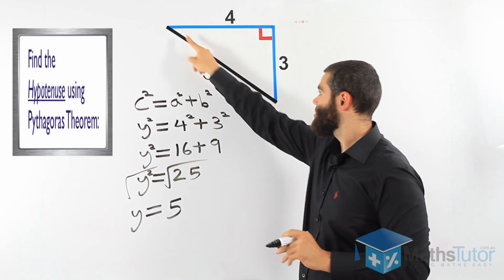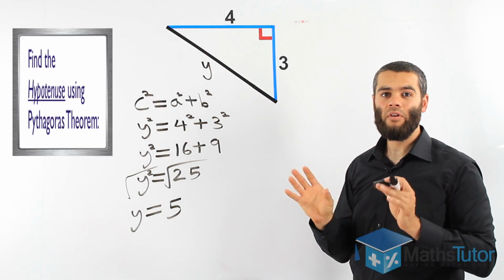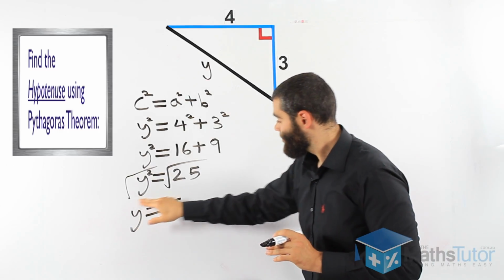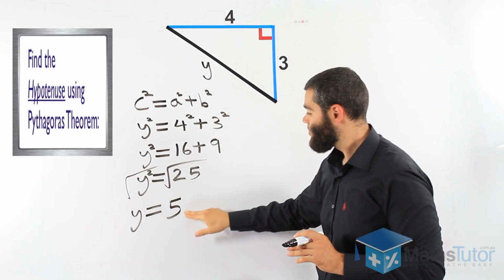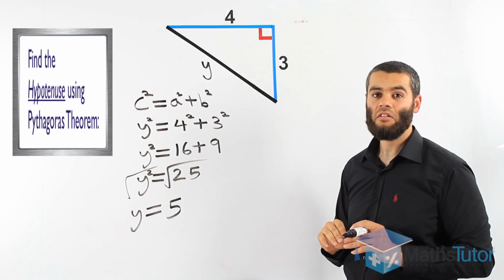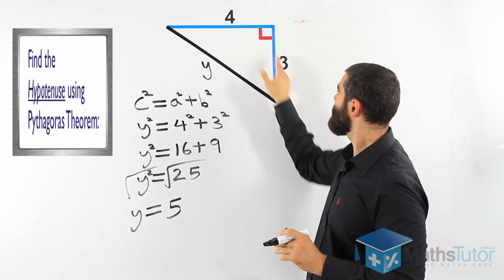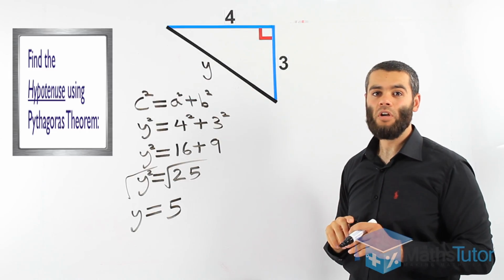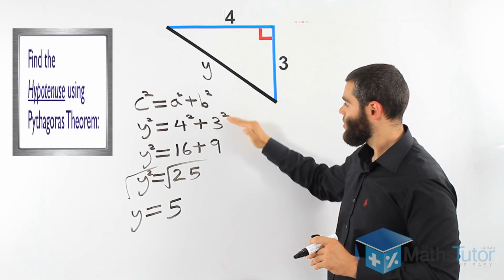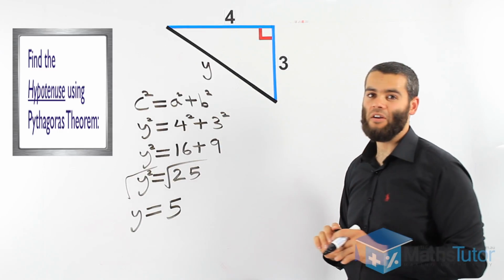The hypotenuse is 5. How do we know, or have a rough idea, whether we are right or not? Well, we know that this is 5, and we know the hypotenuse is the longest side. So 5 is longer than 3 and 4. So that gives us a good idea that yes, we are on the right track. We got it correct. And of course, when you follow this, you'll always get it right anyway.